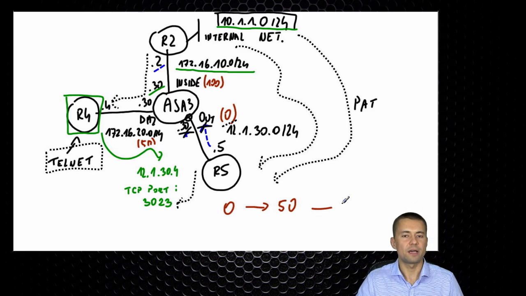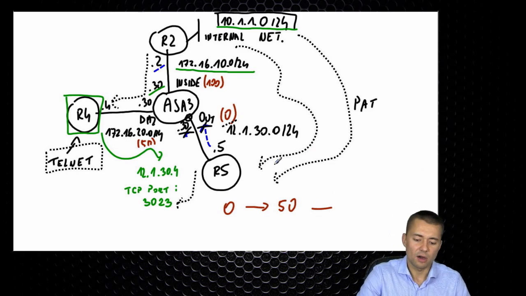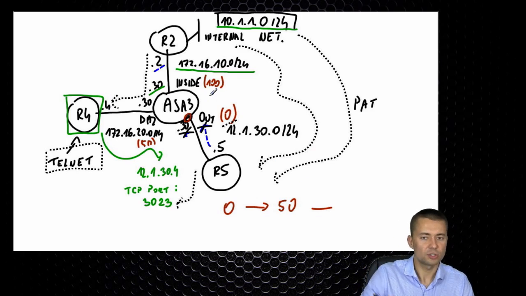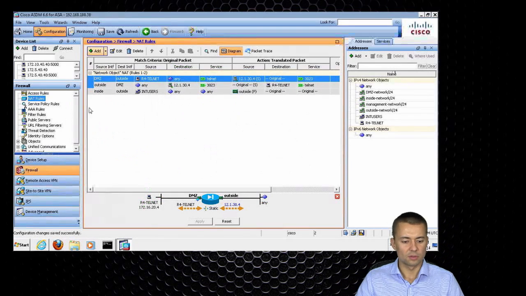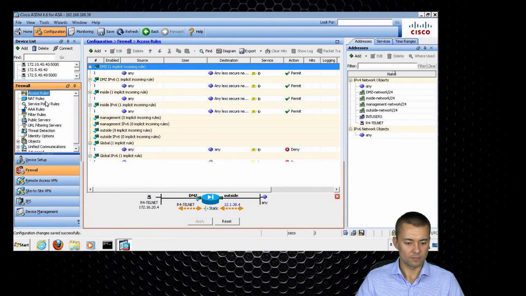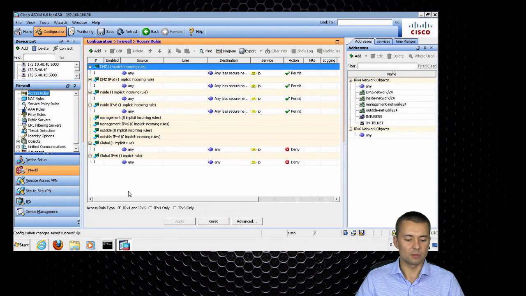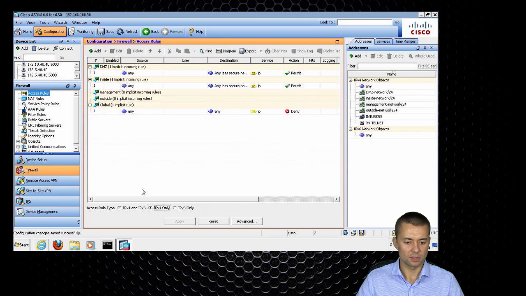I have to modify my access list. I have to create an access list and apply it on the outside interface where I explicitly permit this communication. So we need to go under access rules, and let's take a look at just IPv4 entries. This is exactly what the ASA is telling me here.